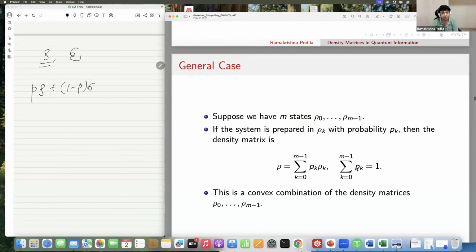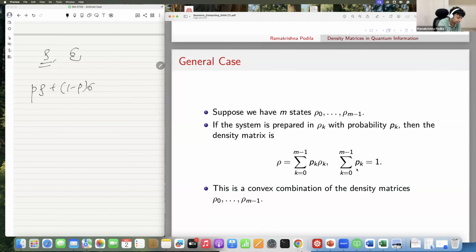Suppose we have m states, states 0 to m minus 1, for which I can make the density matrices rho 0, rho 1, till rho m minus 1, right? And I have corresponding probabilities, P0, P1, till Pk.